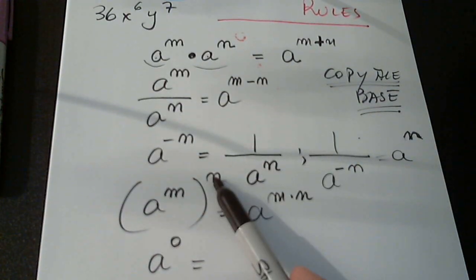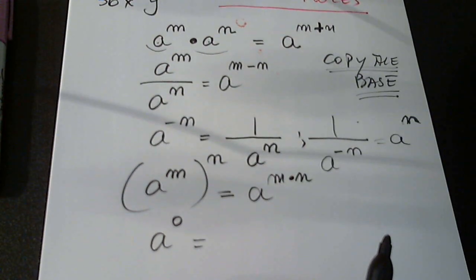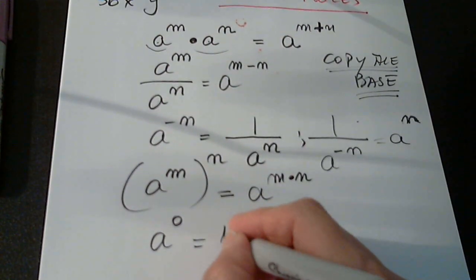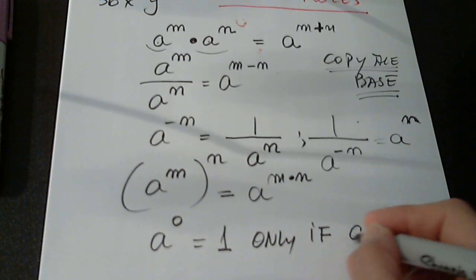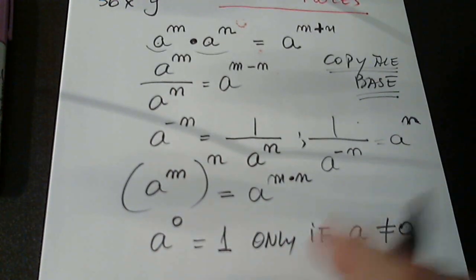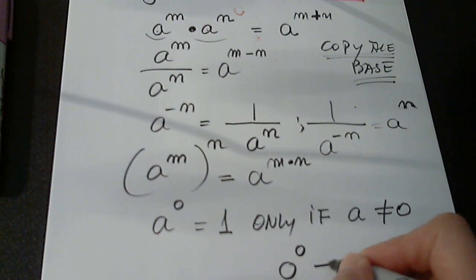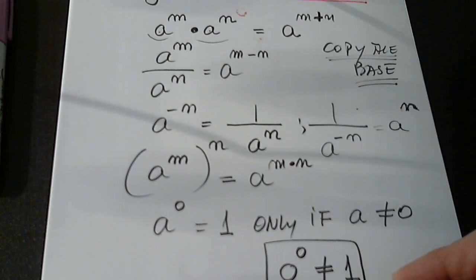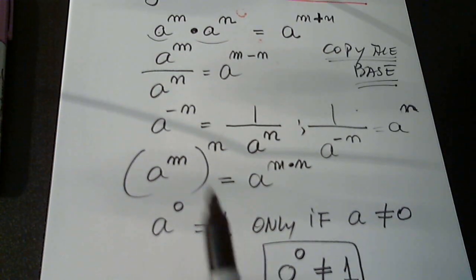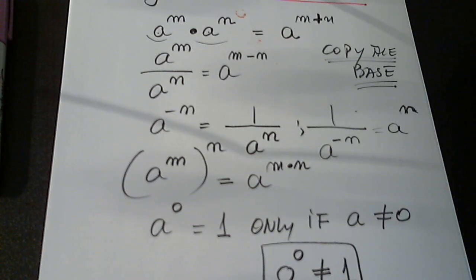When we raise to a power, the powers are multiplied. Last but not least, this is always 1 only if a is not 0. So 0 raised to 0 is not 1. Anything to 0 is 1 as long as this is not 0.